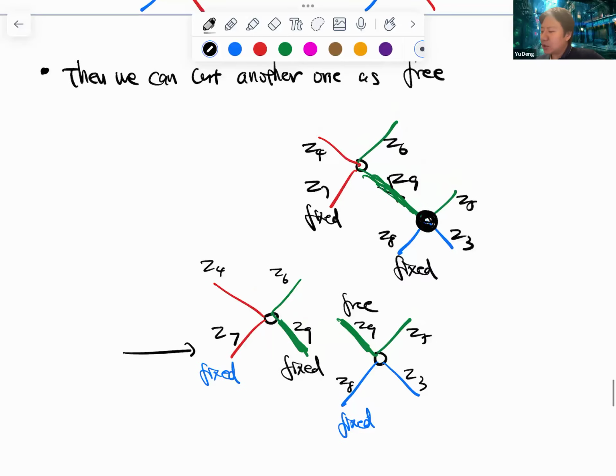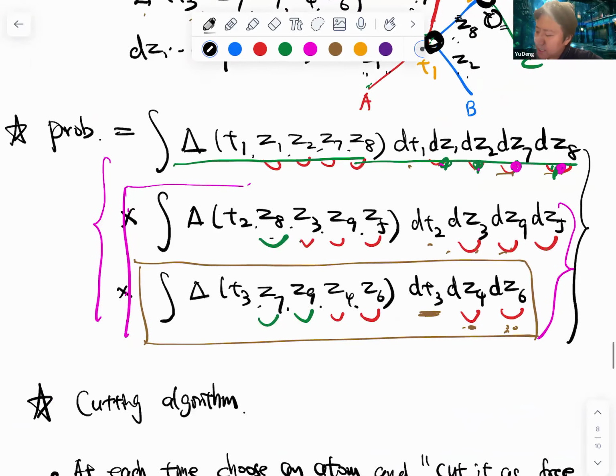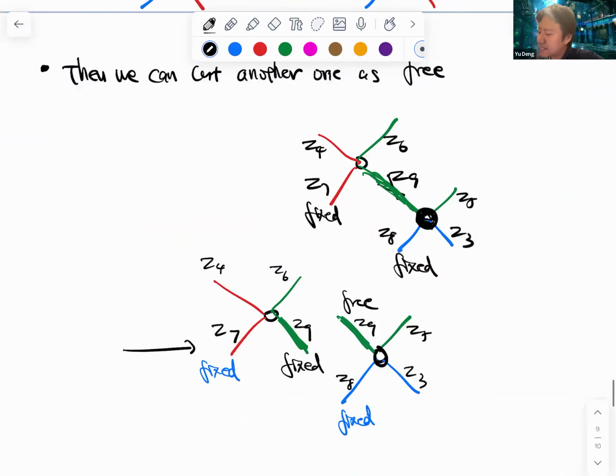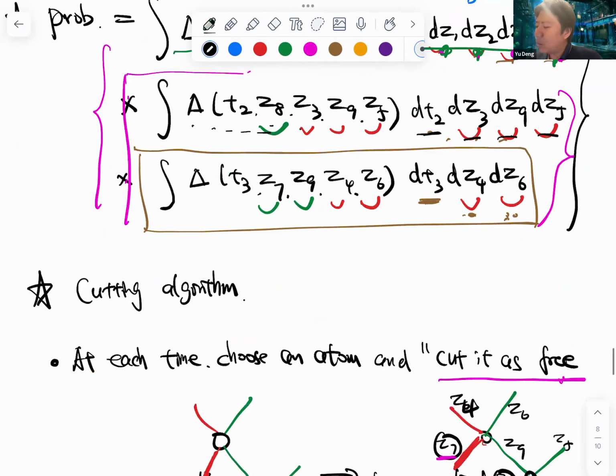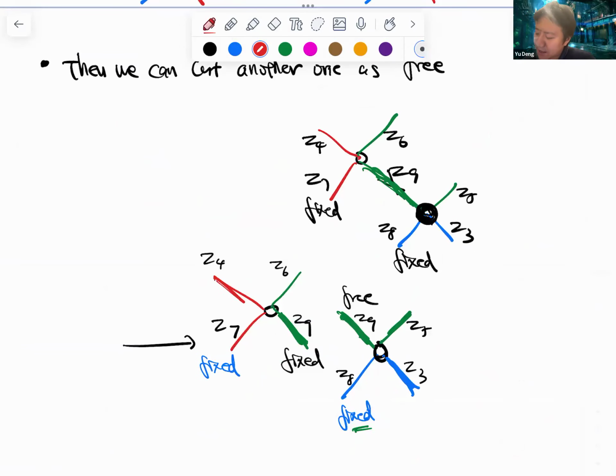So in the second integral, since we are cutting this atom as free, the integral associated with this atom is written in the second line. In the second line, we're integrating in this factor, and then we're integrating in T2, of course, and Z3, Z9, Z5, which exactly correspond to the free variables. We also exclude the fixed variables. And finally in the third line, we are only integrating two space variables, Z4 and Z6, because these are the only free variables left in the last atom you have here.